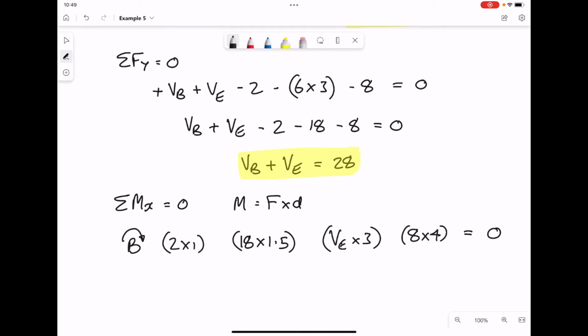For equilibrium, all our moments must add up to give us 0. We'll look back at our free body diagram and consider which ones are clockwise, anti-clockwise, and hence we will be able to put in a plus or minus sign in front of each of our sets of brackets.